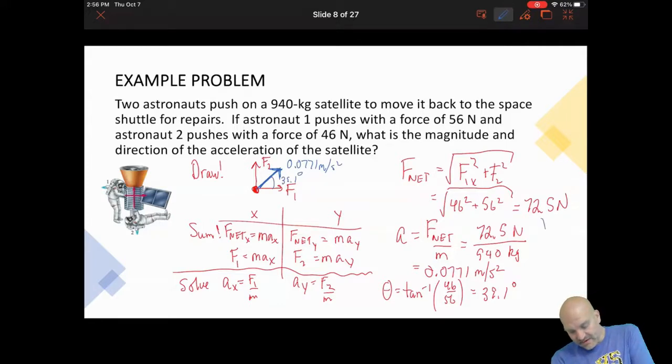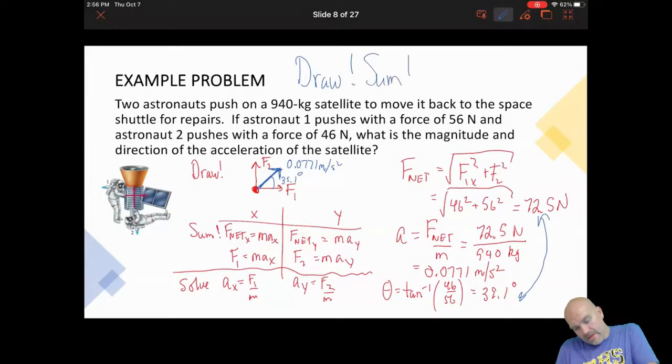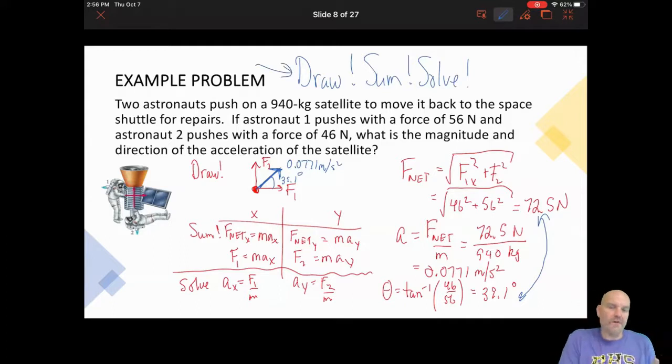One thing to note is that that's also the direction of the net force, because acceleration and net force go together. Okay. So now from here on out, you have the basic problem solving, and everything that we're going to do from here on out is applications of our problem solving. So draw, sum, solve. Draw the free body diagram, sum the forces in each direction, and then solve for what you're looking for.